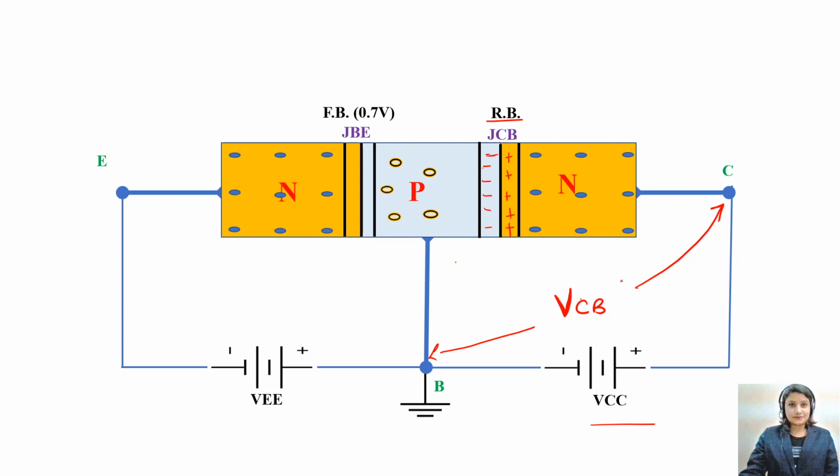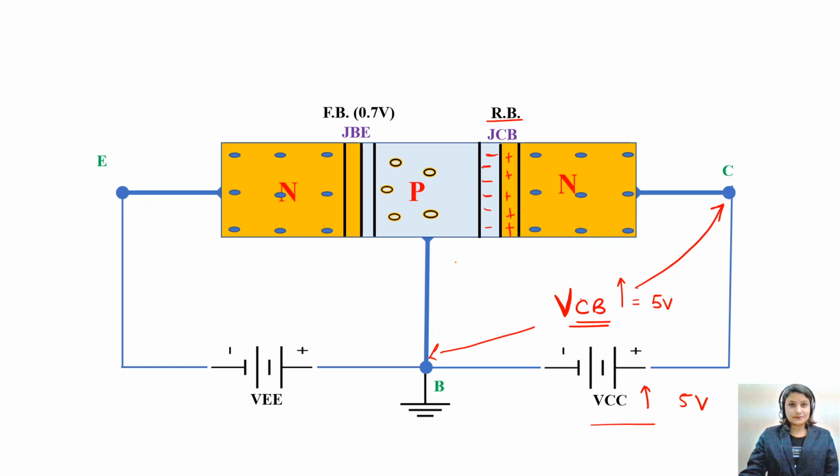What will happen if you go on increasing this battery voltage? Increase the battery voltage, make it say 5 volts. So the voltage between collector and base will also become 5 volts, right?